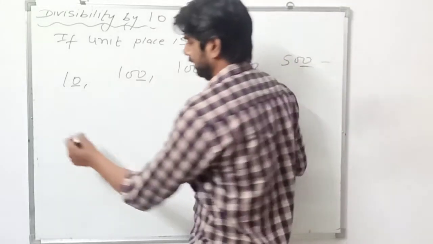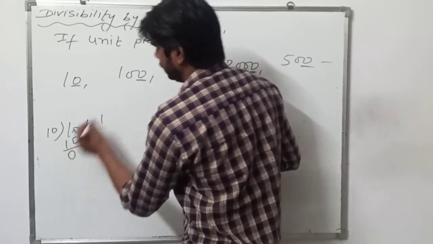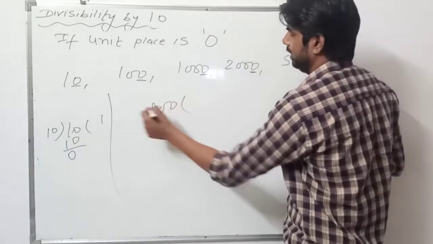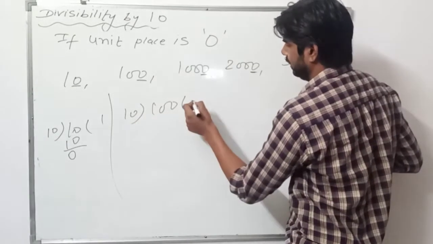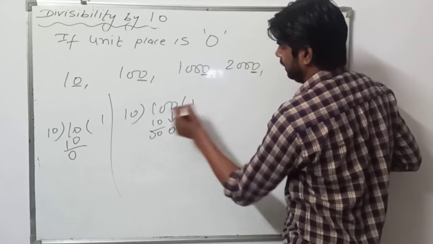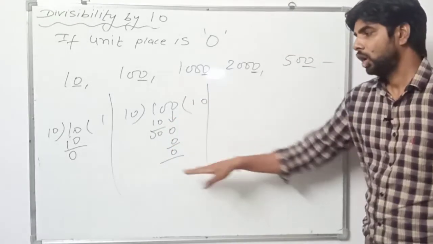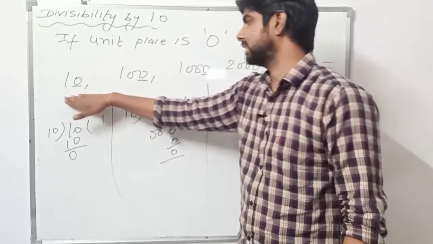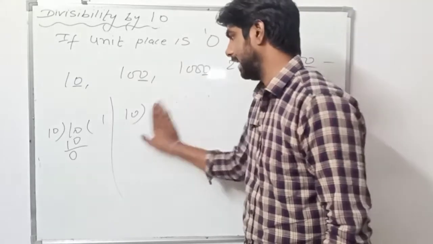We know that if we divide 10 by 10, we get 0 as our remainder. If we divide 100 by 10, 10 ones are 10, and if we take the 0 down, 10 zeros are 0, so we will get 0 as our remainder. So all these numbers are divisible by 10. And how can we find out without solving like this?